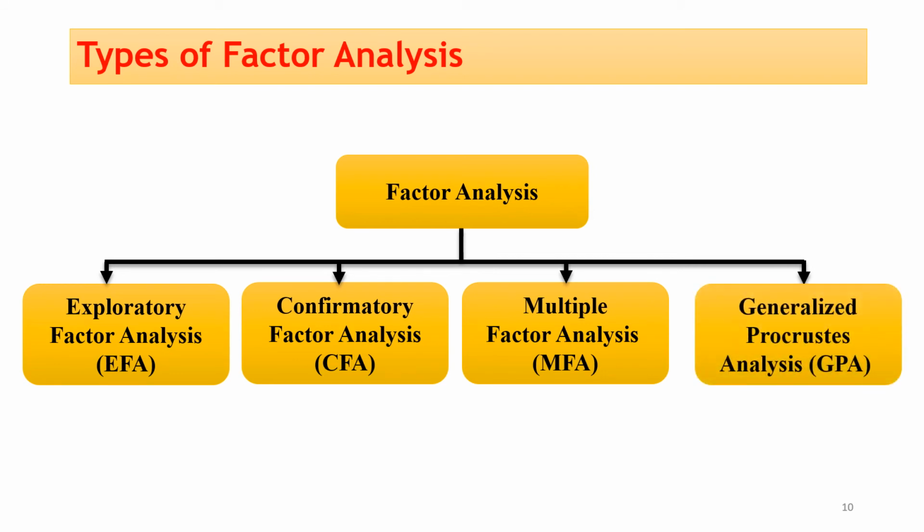And the last type of factor analysis is the generalized Procrustes analysis, that is GPA. Now the GPA is a suggested way to compare two approximate sets of configurations and shapes, which was originally developed to be equivalent to two solutions from the factor analysis.